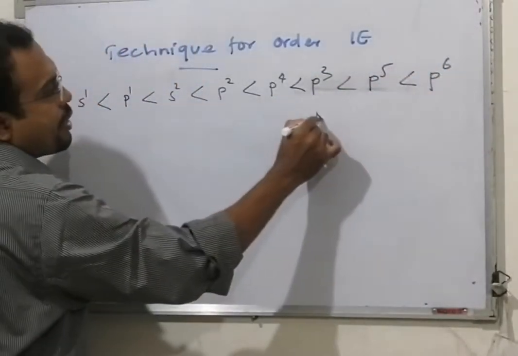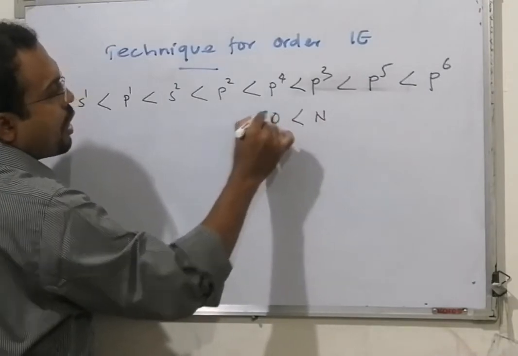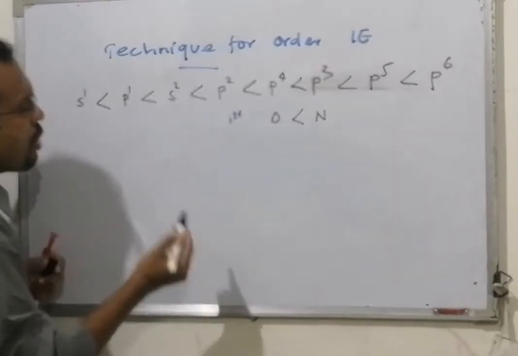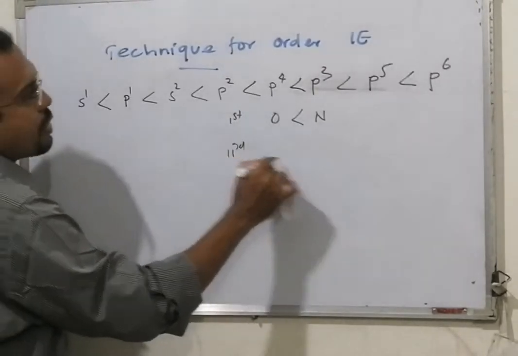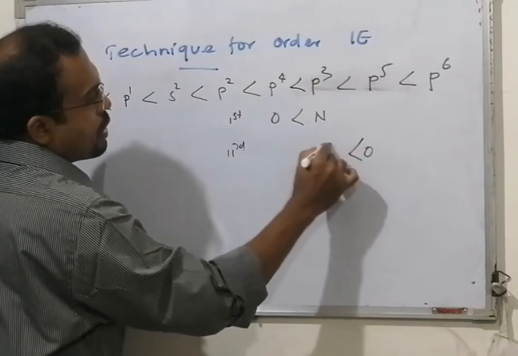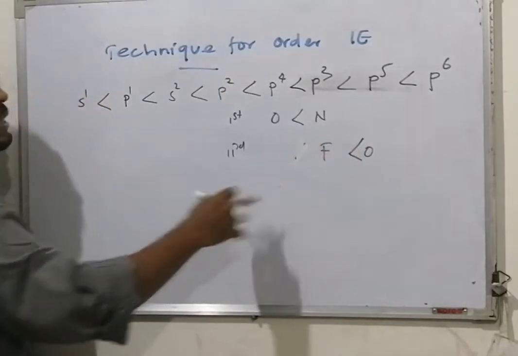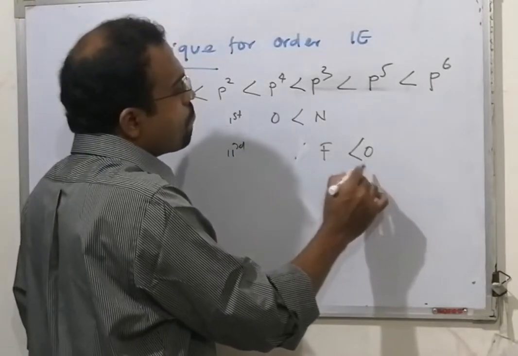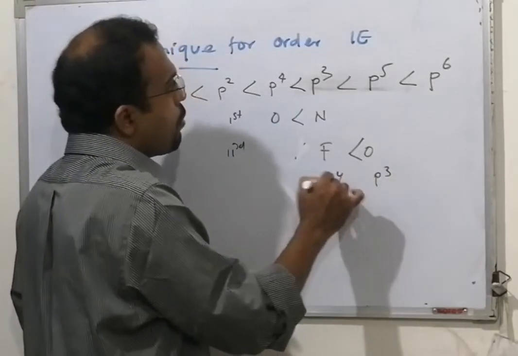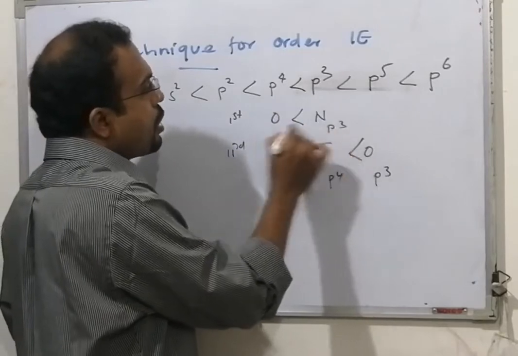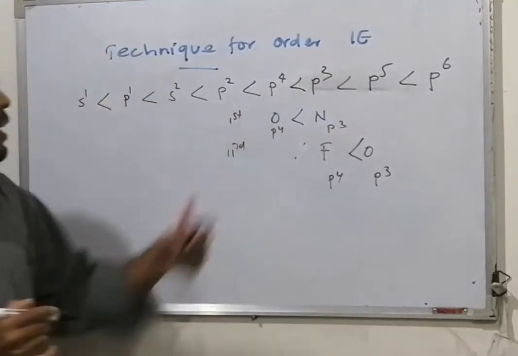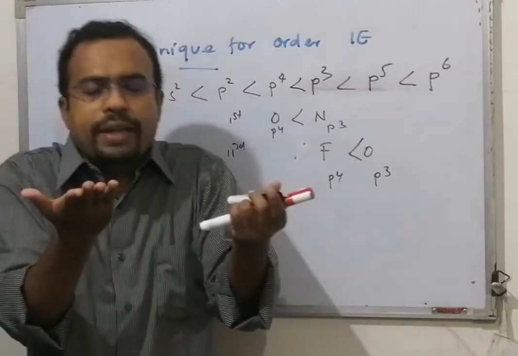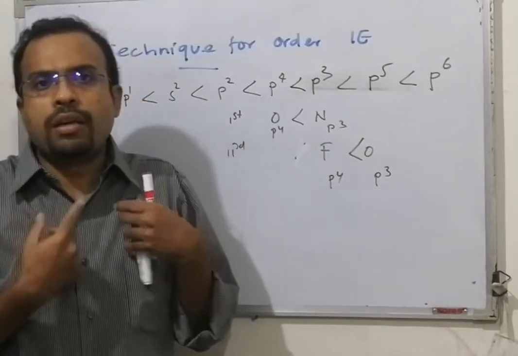Because of this, nitrogen has more first ionization energy than oxygen. Nitrogen has P3, oxygen has P4. Oxygen has more second ionization energy than fluorine, because oxygen has P3 and fluorine has P4. I think this idea is clear. If you find any difficulty, you contact me. I will help you.